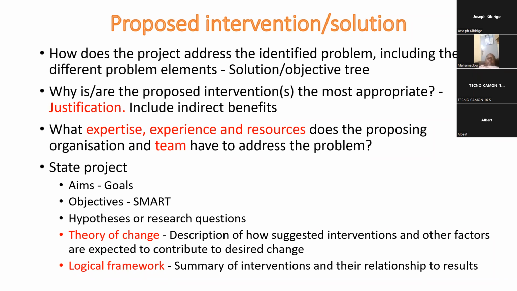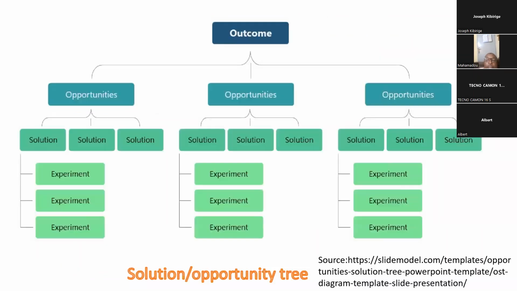So the log frame summarizes interventions and the relationship of those interventions to results. The theory of change does something similar, but it has a broader view in that it looks at other factors that may affect the interventions, and is normally diagrammatic, while the logical framework is normally tabular.